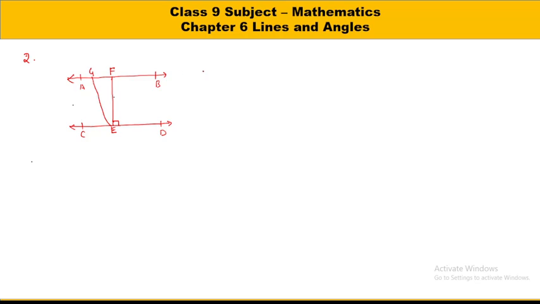Now what is given in the question? It is given that AB is parallel to CD, and EF is perpendicular to CD. As EF is perpendicular to CD, it means that angle FED is equal to 90 degrees, and angle FEC is also equal to 90 degrees. Then an angle is given.